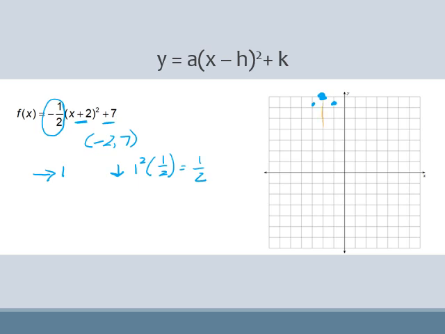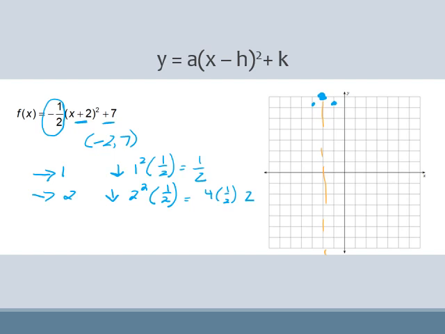So there's my axis of symmetry, right? Normally I go over 2 and down 2 squared, but I'm going to multiply that by the 1/2, because a is 1/2. So that's 4 times 1/2, or 2.